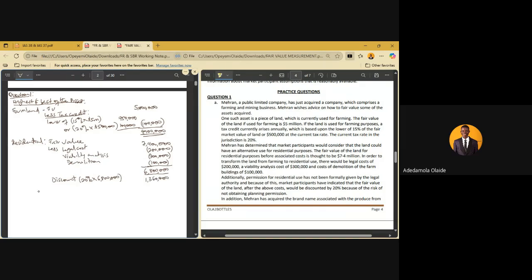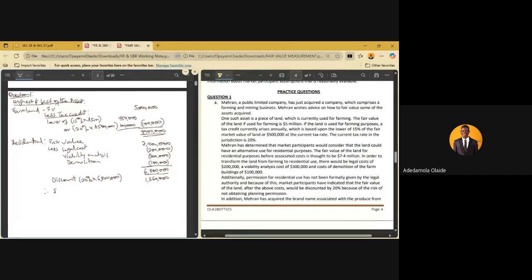So if we want to get the fair value for residential, or let me say selling price, the selling price will actually be what?